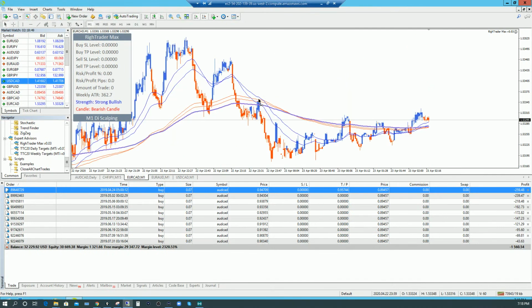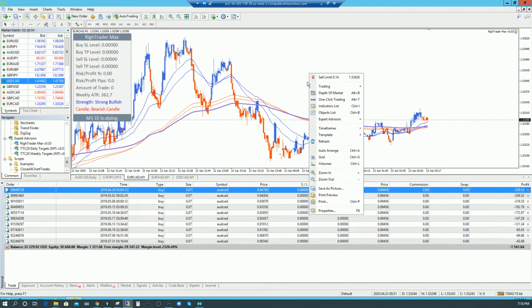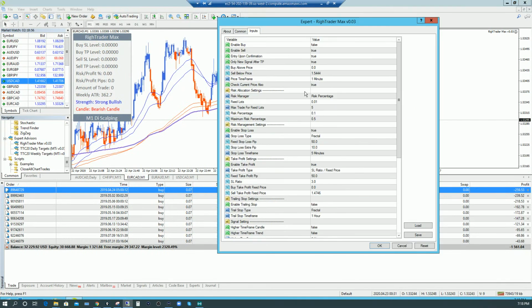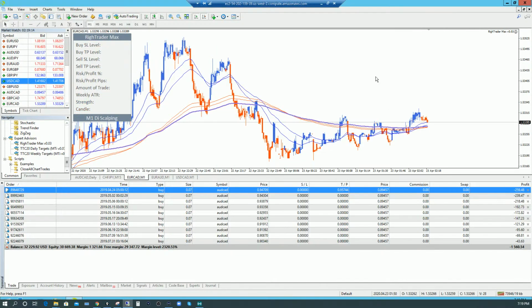I'm going to add that parameter as well. And let's do this down below. Put that time in there. 1700 hours on Thursday. And we're good to go.